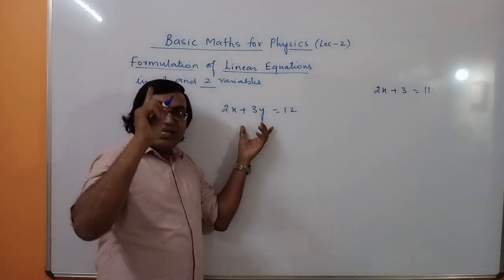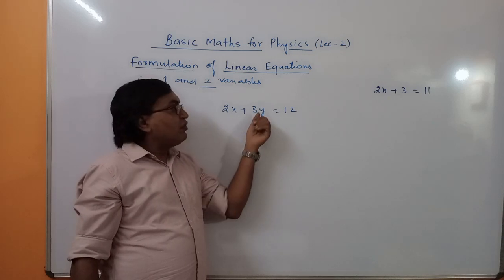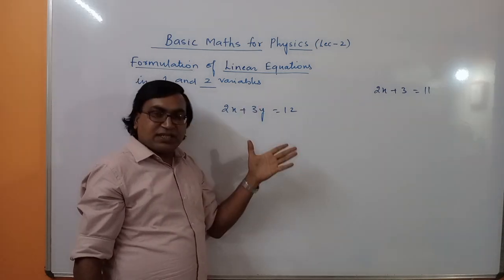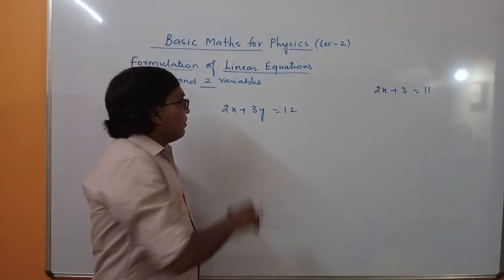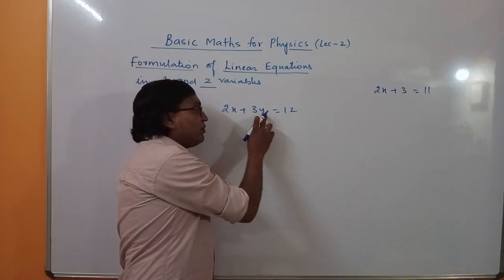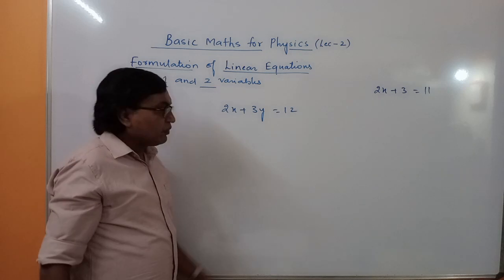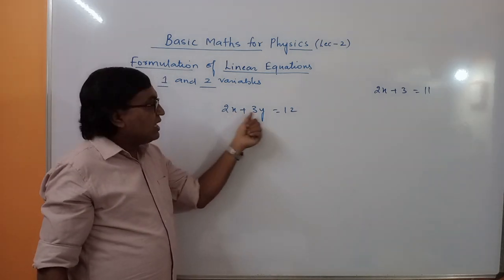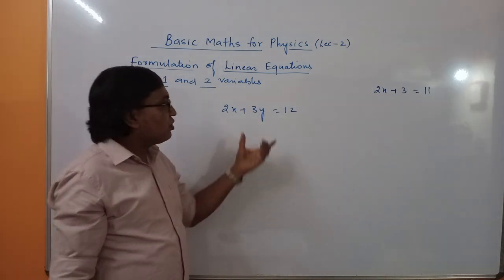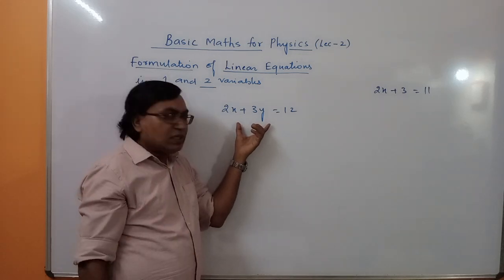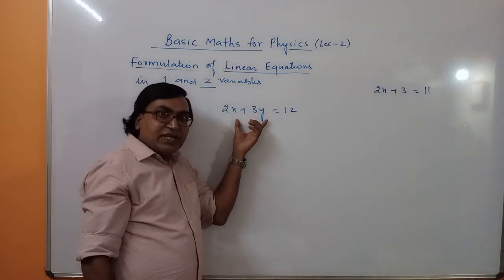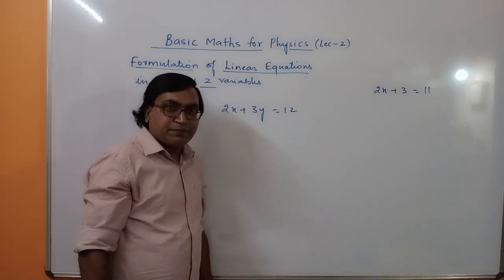Again this is a linear equation. If you plot a graph between y and x, you will get a straight line. But here the number of variables is 2: x is a variable as well as y is a variable. So this is a linear equation in two variables.